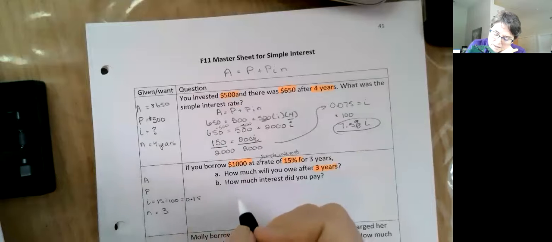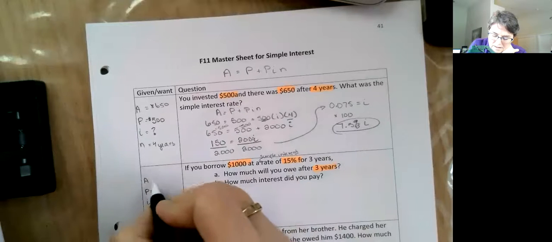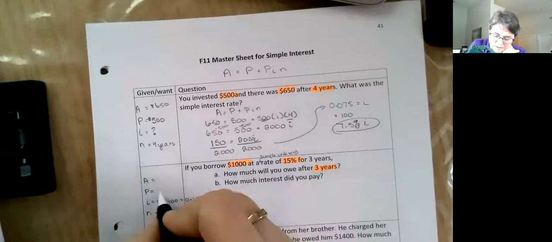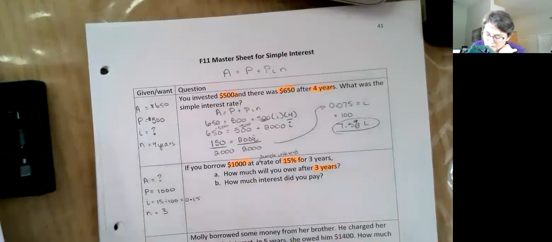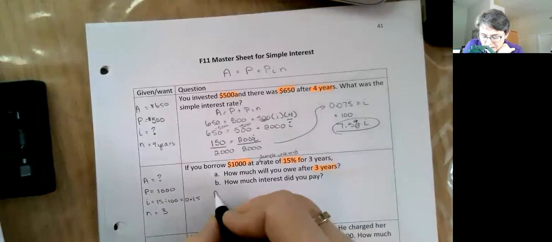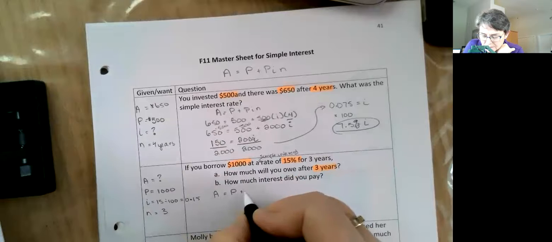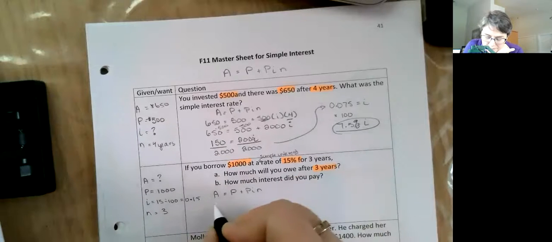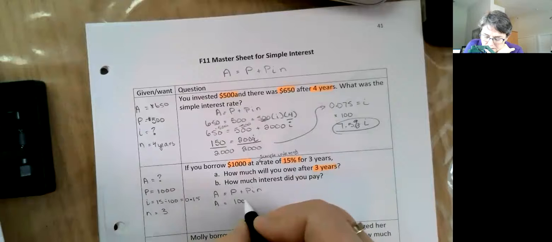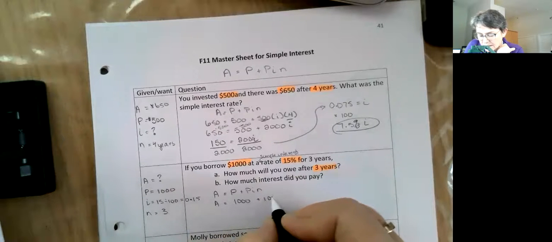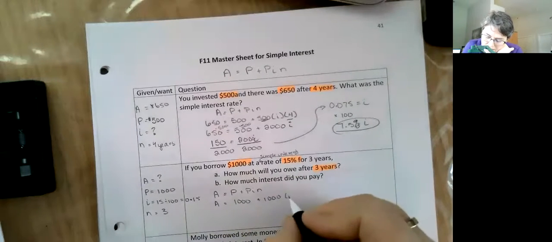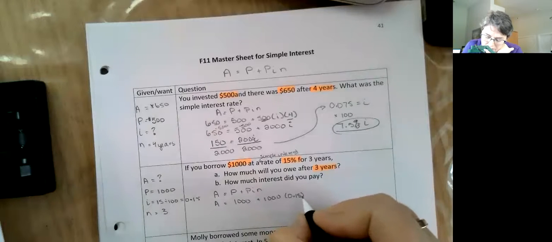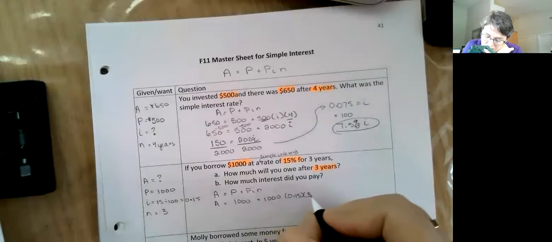And that is the amount I am borrowing, so that is my principal. And the amount at the end, I don't know. So A is equal to P plus PIN. It's 1,000 plus 1,000 times 0.15 times 3.